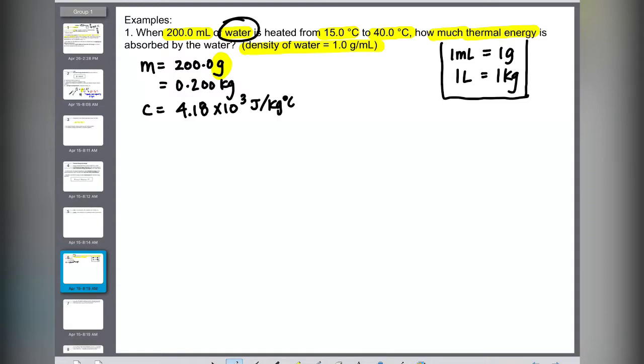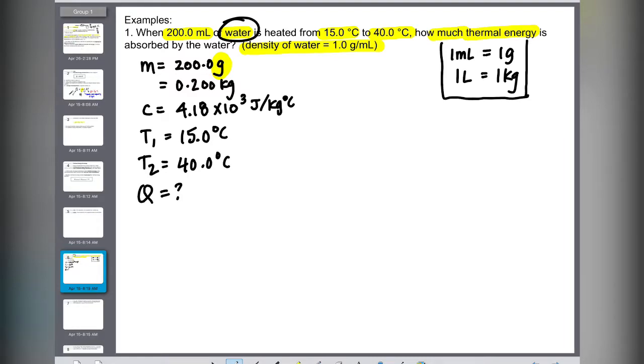Then they tell you that the initial temperature, your T1, is 15, and your final temperature, your T2, is 40 degrees Celsius. How much energy is absorbed?